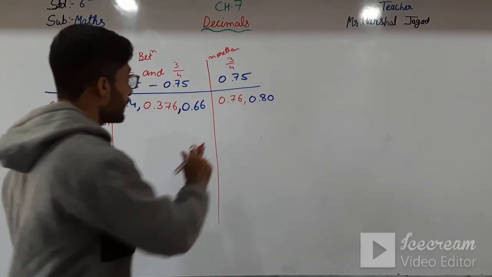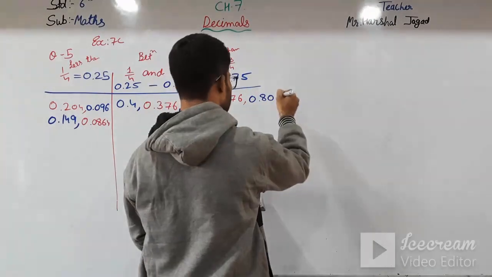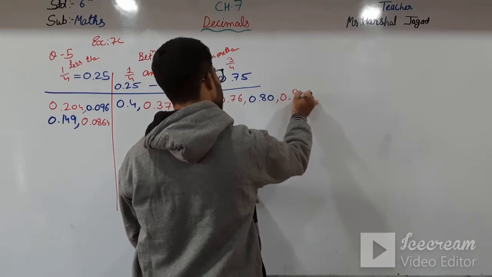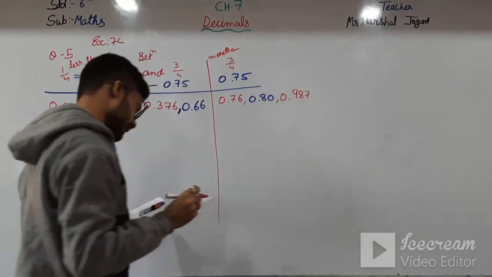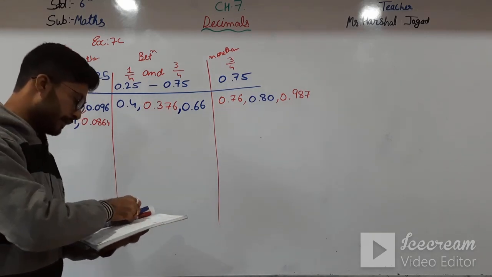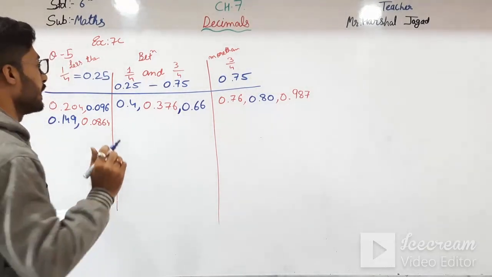Then coming towards 0.987. It is more than 0.75, so it will be over here, 0.987. And then coming towards 0.025.